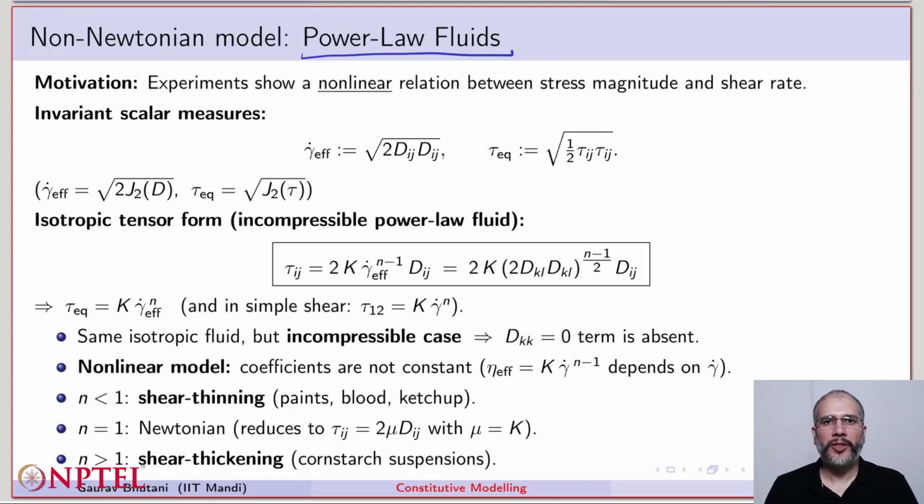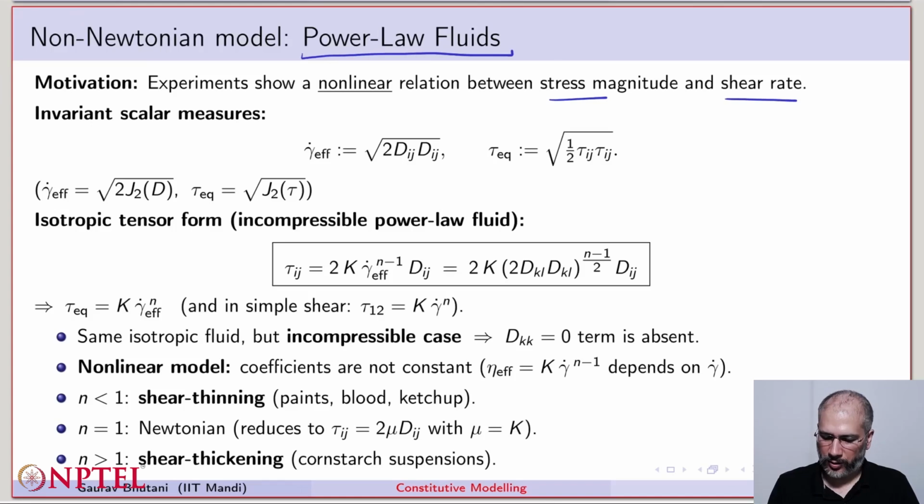So experimentally, we see that some fluids do not have a constant viscosity. That is, their stress and rate of strain or shear rate are not linear, they are nonlinear. And as we saw from the representation theorem, the coefficients of a constitutive model or a constitutive tensor should be functions of invariants of the cause.